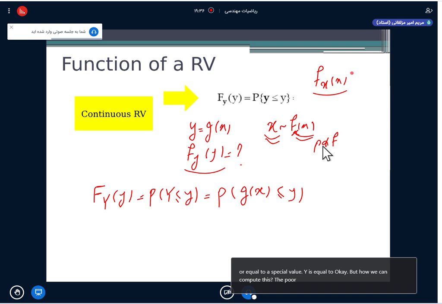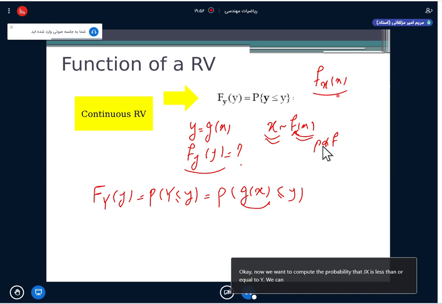But how can we compute this probability? From the PDF of x, we can compute this probability, but it is dependent on the form of g(x). Now we want to compute the probability that g(x) is less than or equal to y.